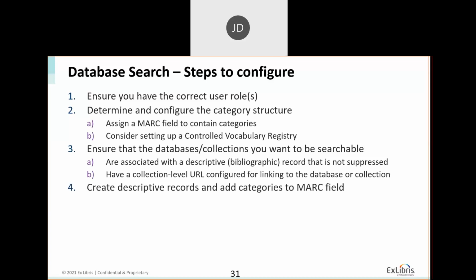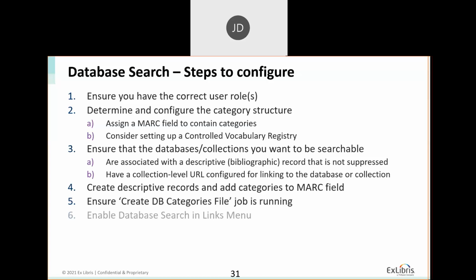You could create a descriptive record and add categories to the MARC field. Ensure that the create DB categories job is running, just like the journal one. There's one for database categories. And then you want to enable the database search in the links menu.